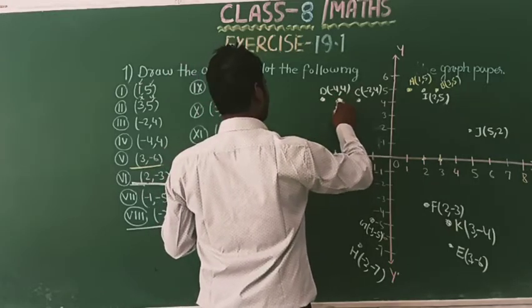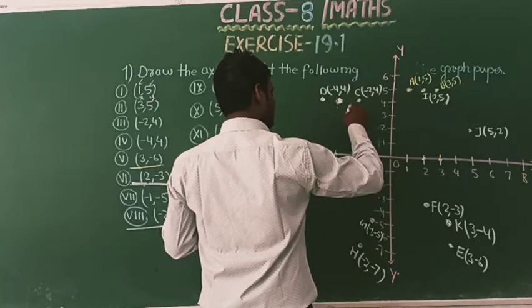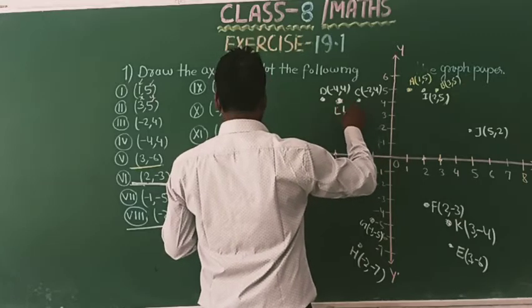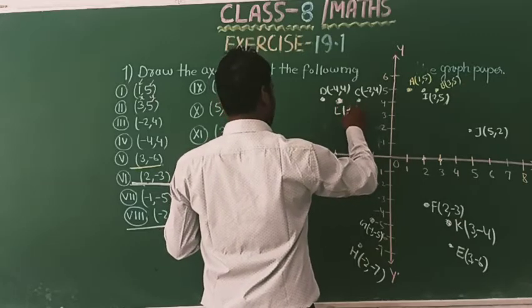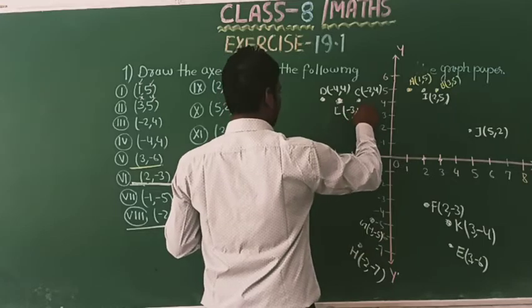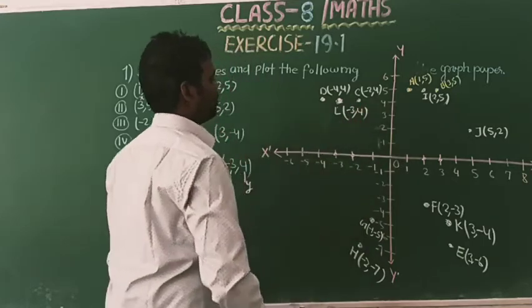So this is the position of the point (-3, 4). Okay, (-3, 4).